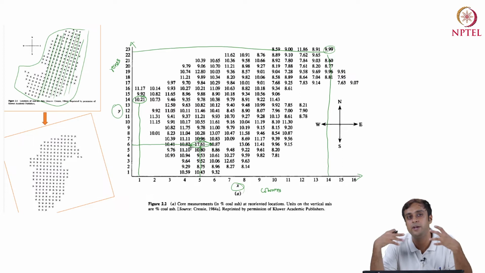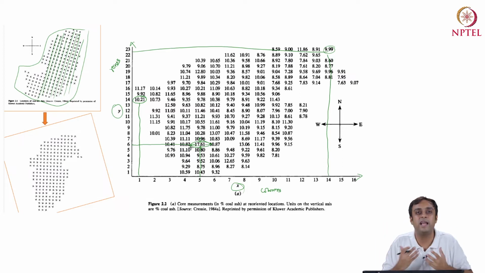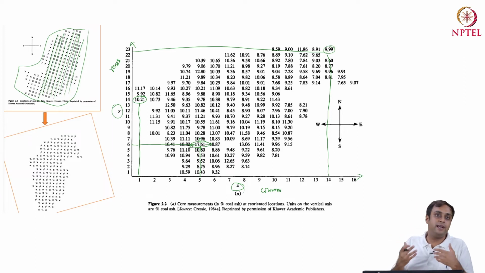So somehow 17.62 seems like an aberration, right? So straight away, there is this inquisitiveness that arises when we start to look at the data closely, right? And we would want to then discover patterns in these data that provide us information about the coal that is available beneath the ground in the region of study, right?